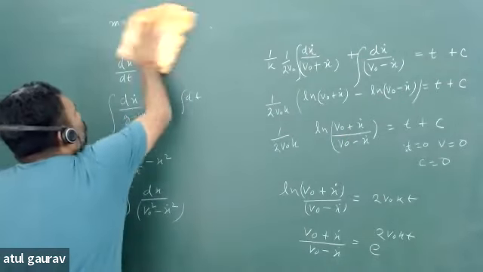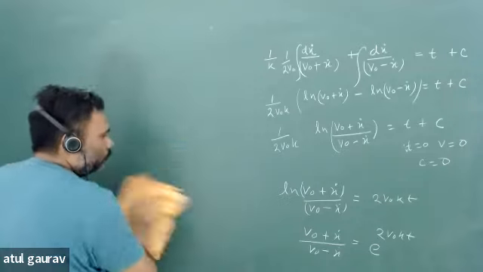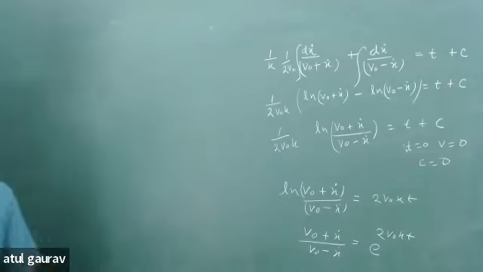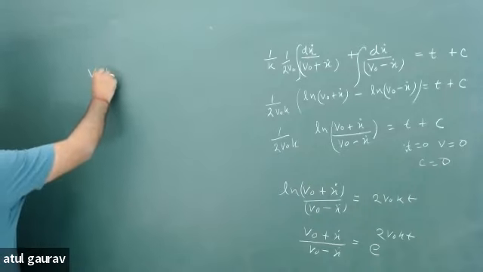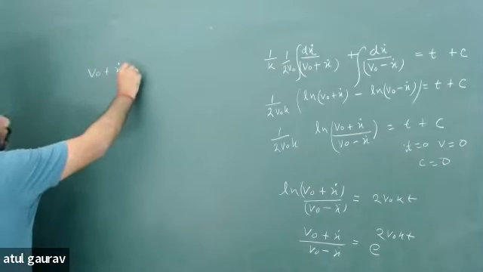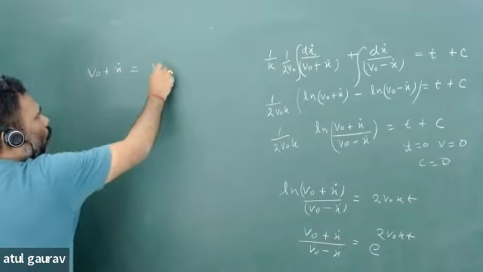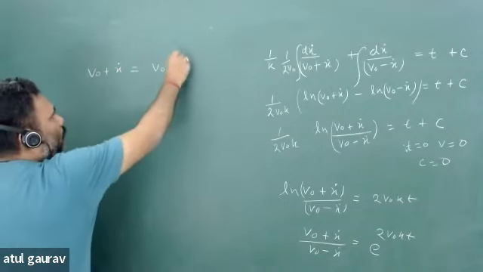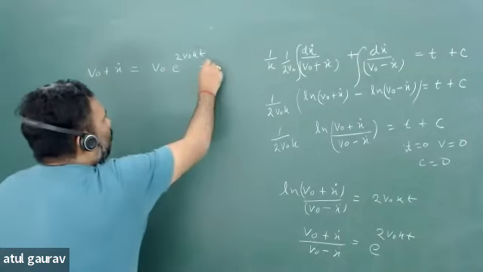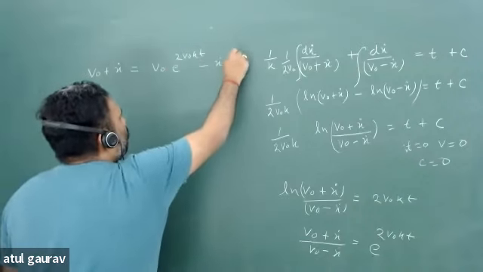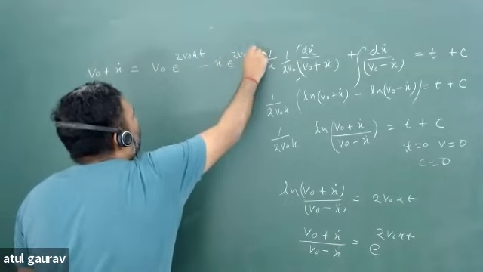So now we can use v naught plus x dot is equal to v naught e to the power 2 v naught kt minus x dot e to the power 2 v naught kt.